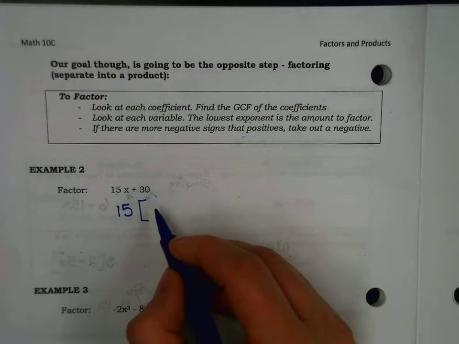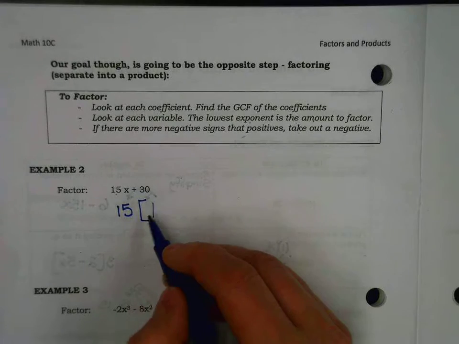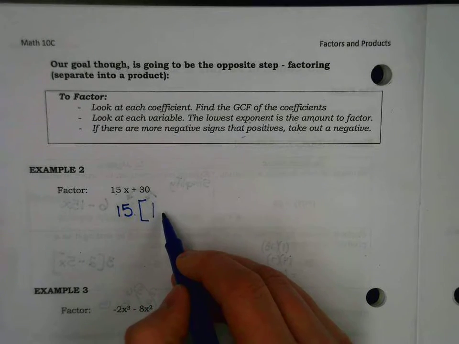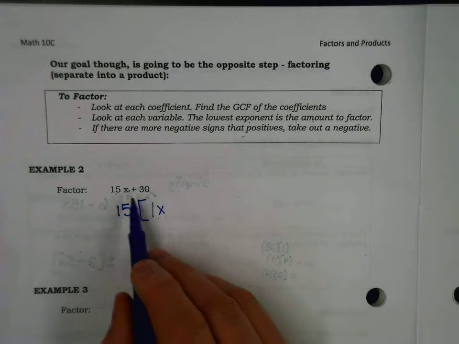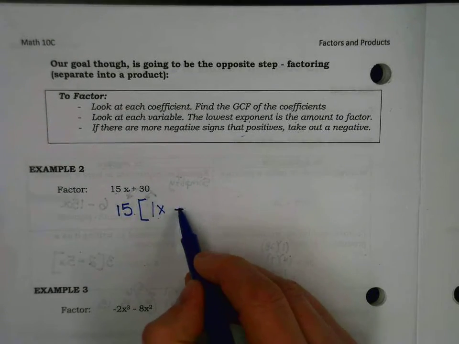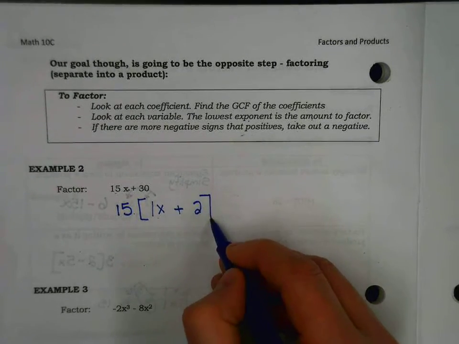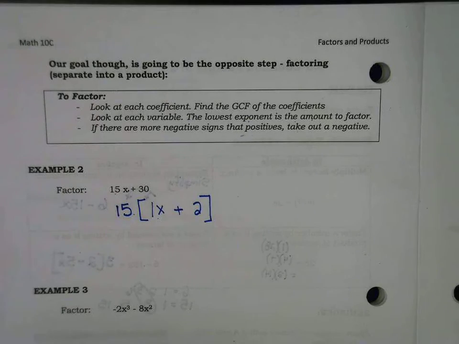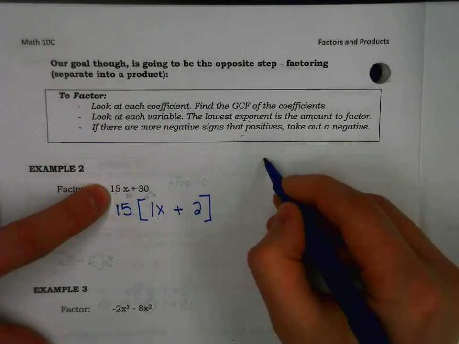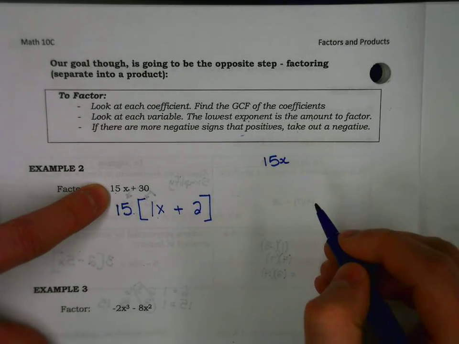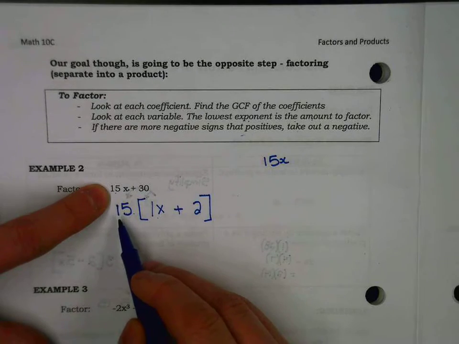And we can ask ourselves, 15 times what makes 15? 1. We don't need any x's to multiply to make an x, so 15 times 1x is 15x. Good. And a 15 times a what makes a 30? That is a 2. Another strategy, if you prefer, is to look at your original term 15x, and what we're doing is we're taking out or dividing out a 15.